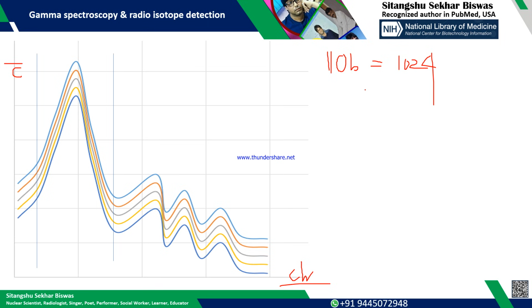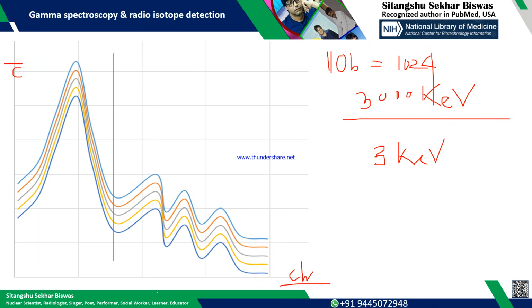And say you want to measure a composition having a maximum energy of 3000 keV. These are just typical examples. So per channel how much? Around 3 keV.